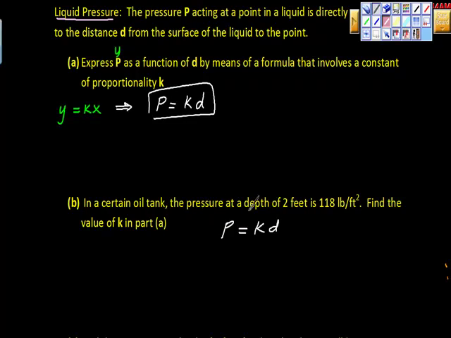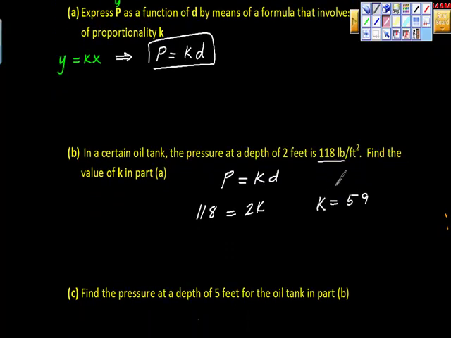The pressure at 2 feet is 118, so 118 equals the depth of 2 times k, which I'm going to write as 2k. And now we do a little bit of quick algebra, and we find out that k is equal to 59.